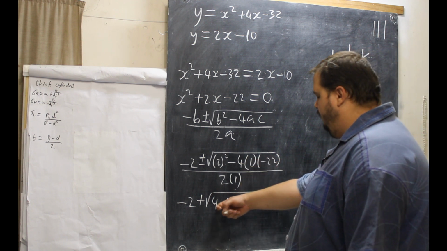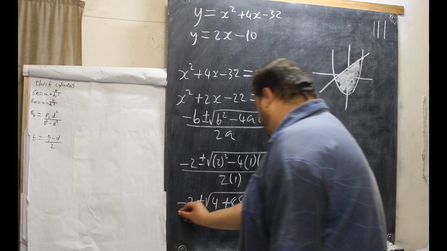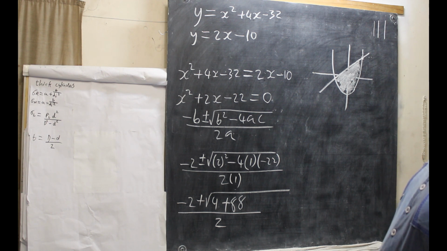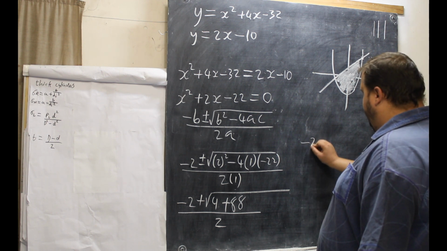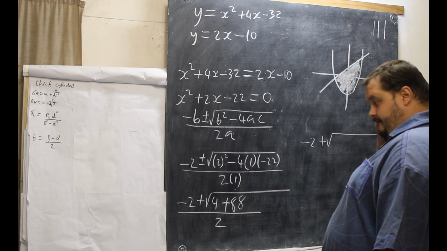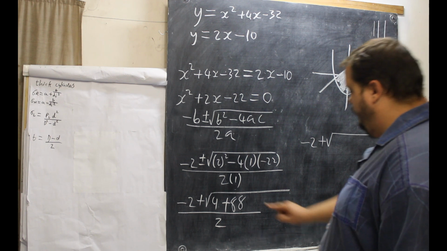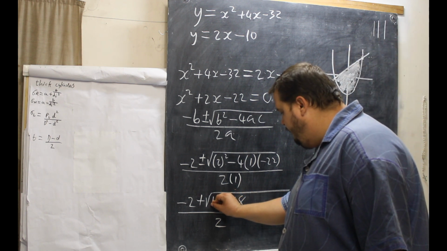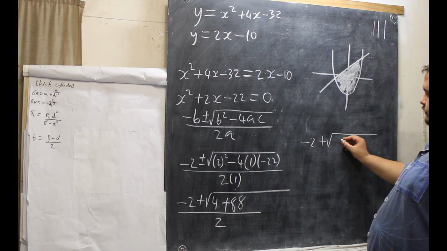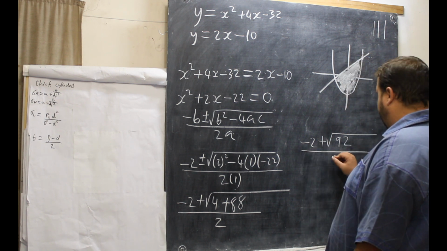4 plus 88 divided by 2, which is minus 2 plus the root of 88 plus 4. 88 plus 4 is 92, over 2.